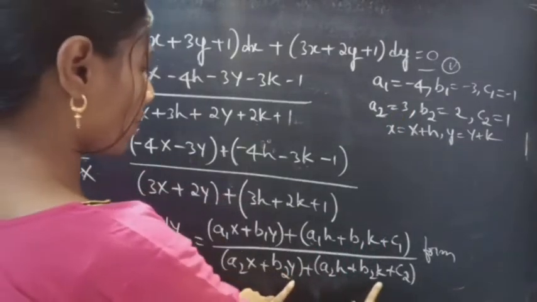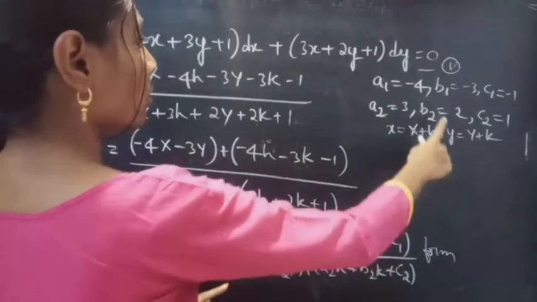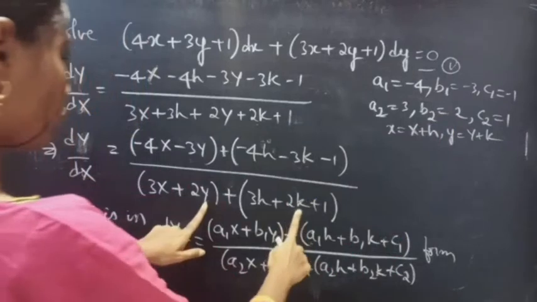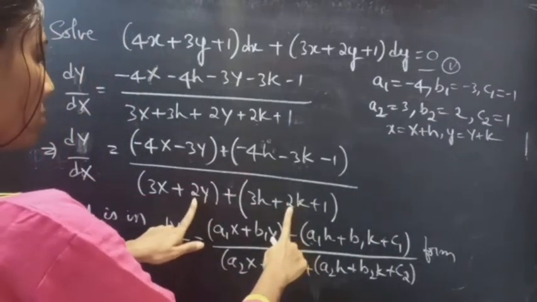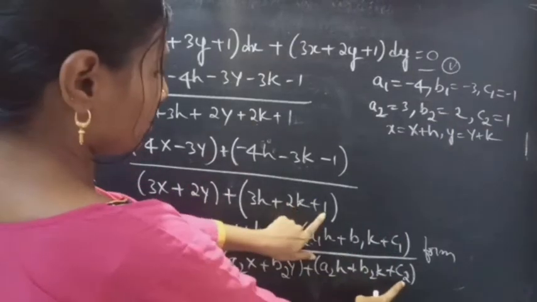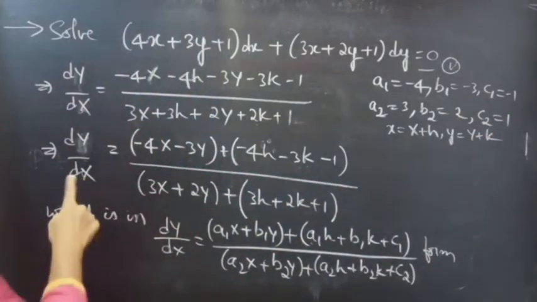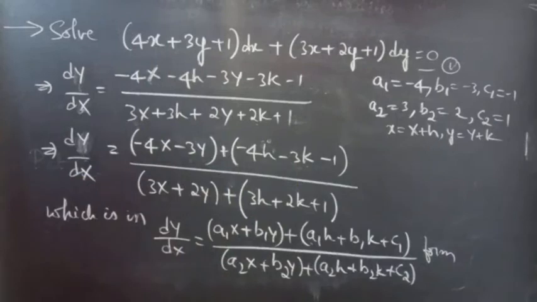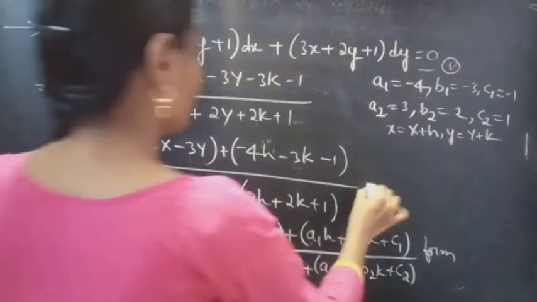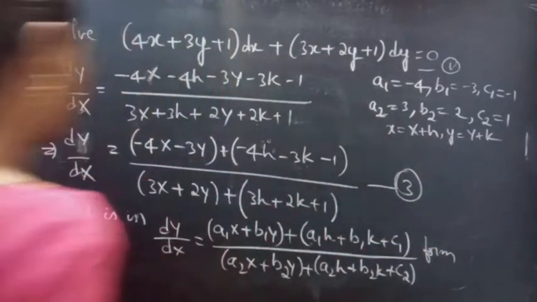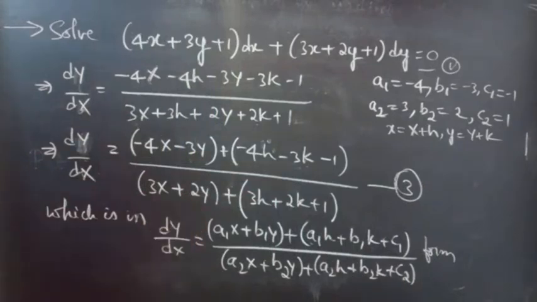Likewise, the coefficient of y is b2. b2 is 2. The coefficient of y in the denominator is 2. And c2, 1. Fine. So this is in this form. We can consider it as equation 3.